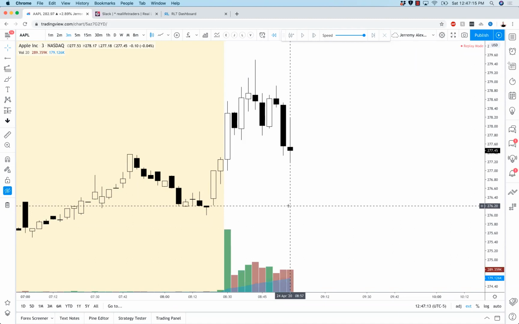We have a 2-cent intraday gap on Apple. When you're looking for an evening or morning star reversal pattern, it's phenomenal if that candle gaps. It's really good. So this is a gapping intraday candle. We gapped down from the close of this into the open of this. It's pretty beautiful.